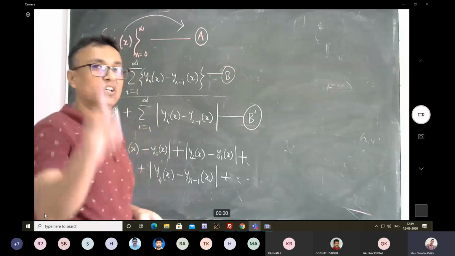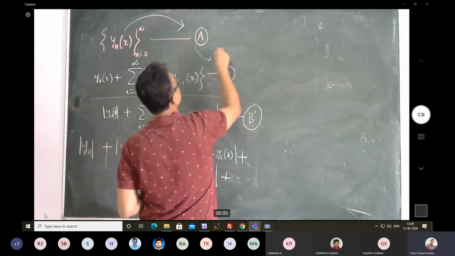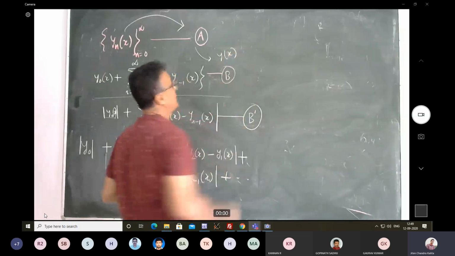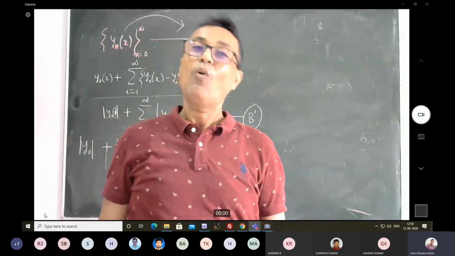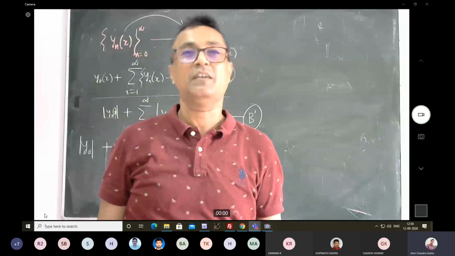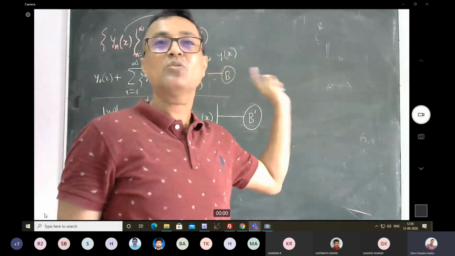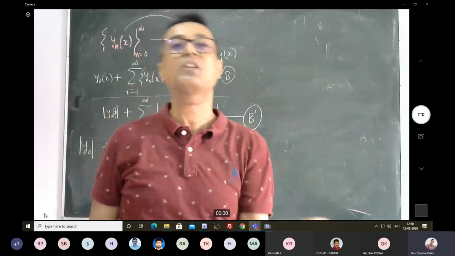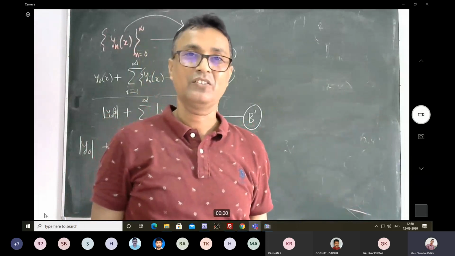In order to claim that the limit of this sequence, y of x, is the solution of the original differential equation, obviously what must happen? The sequence itself must belong to that rectangle R, or if it belongs to R prime, it is even better. Are you getting my point?